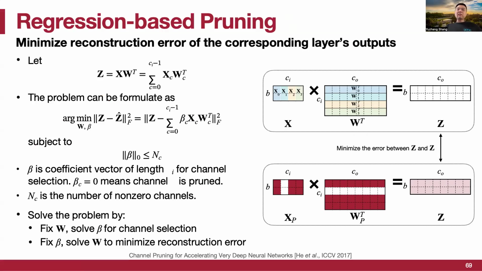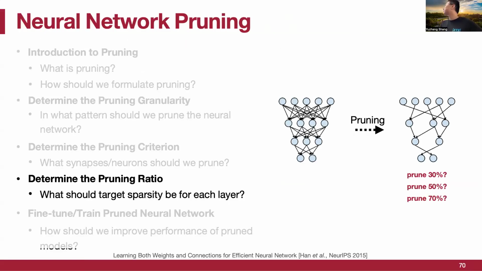And this is how we choose the pruning criteria. Our next question is how can we determine the pruning ratio, right? Like how much sparsity can we get from the pruned network? More specifically, how should we find the per-layer pruning ratio?